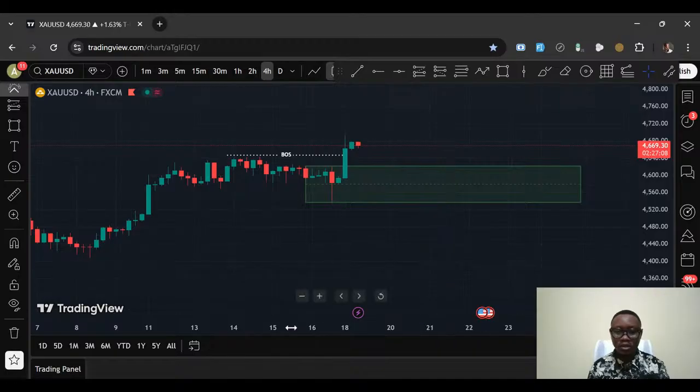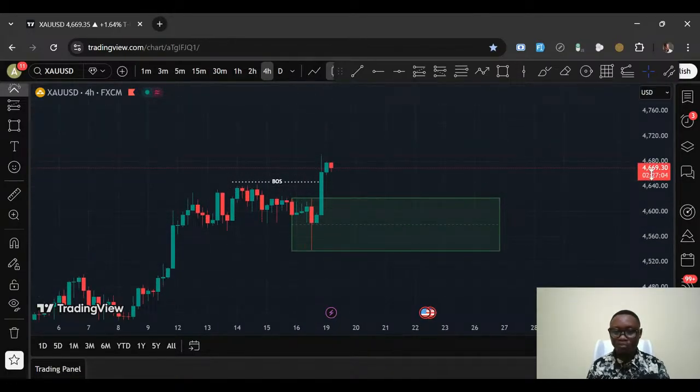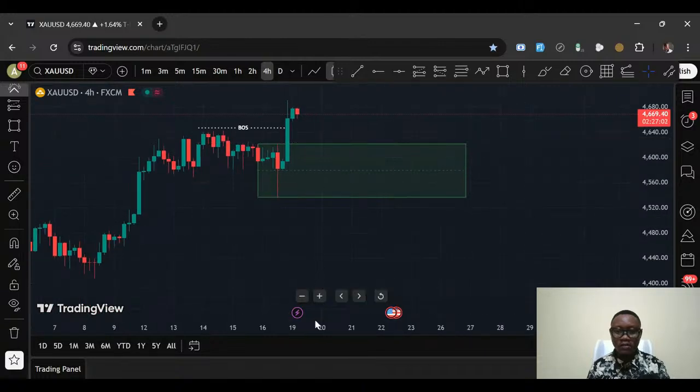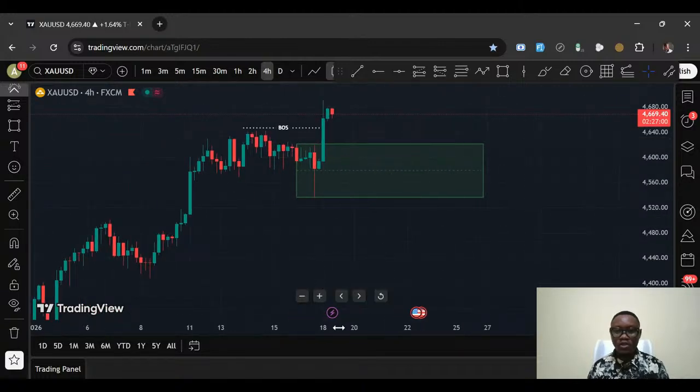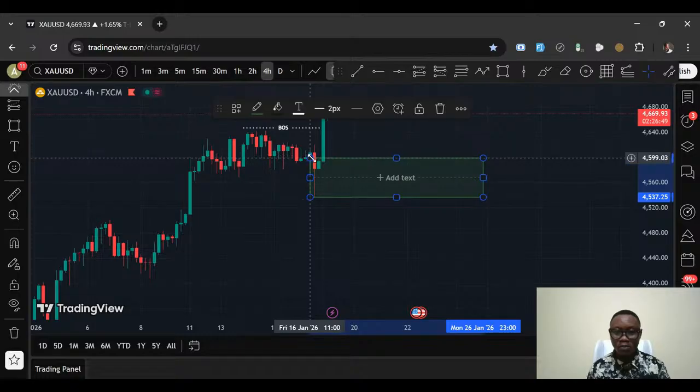Okay, I'm on the 4H time frame. Let me refine the zone. So what you want to do on the 4H time frame is to refine the zone you've drawn on the daily time frame and also identify other zones on the 4H time frame. So for this, I'll refine this zone to this candle.